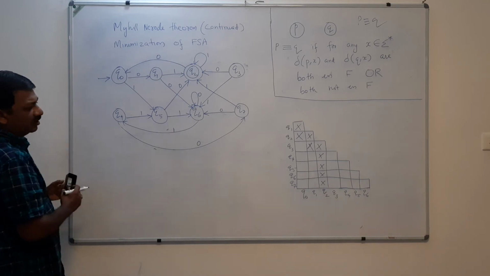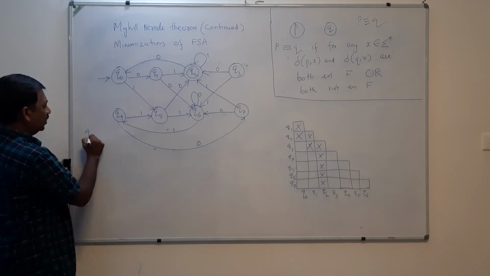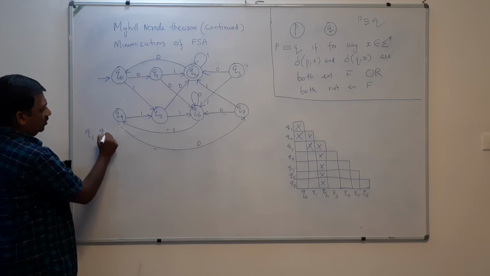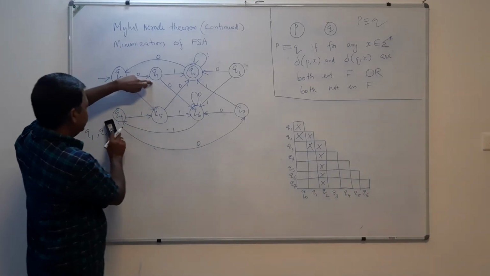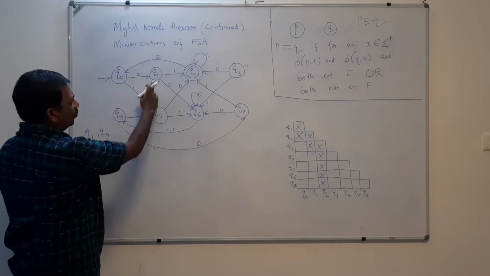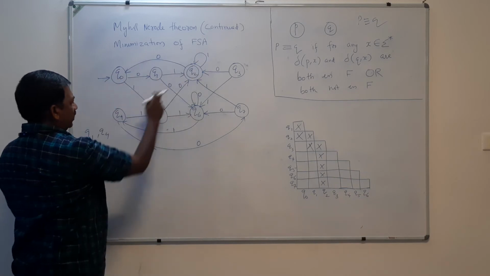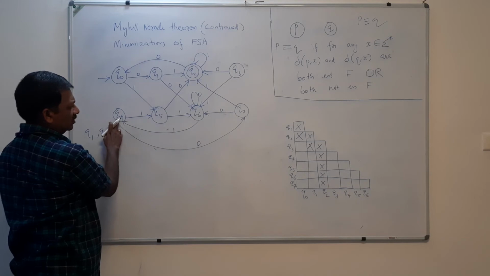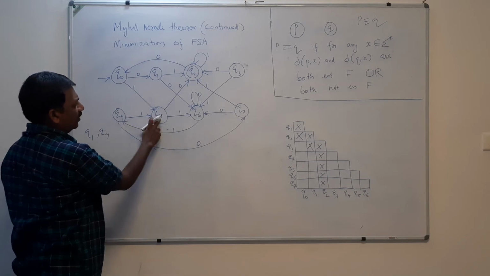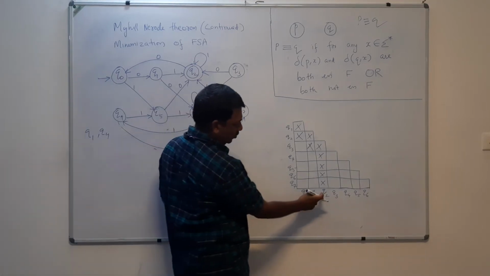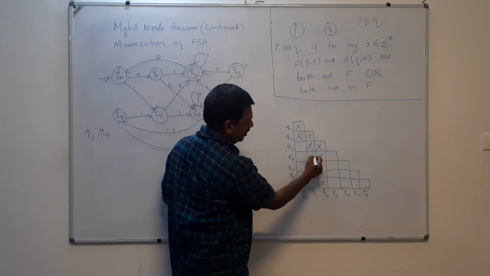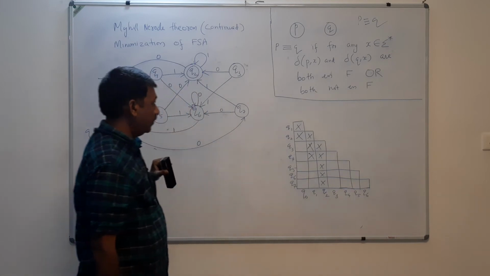Q1 and Q4 is this one. Q1 on 1 is Q2, and Q4 on 1 is Q5. Check Q2, Q5. As Q2, Q5 is distinguishable, this also is distinguishable.